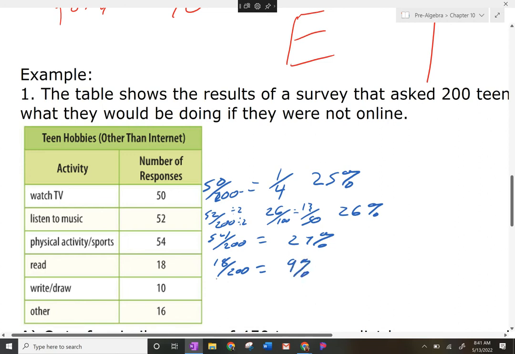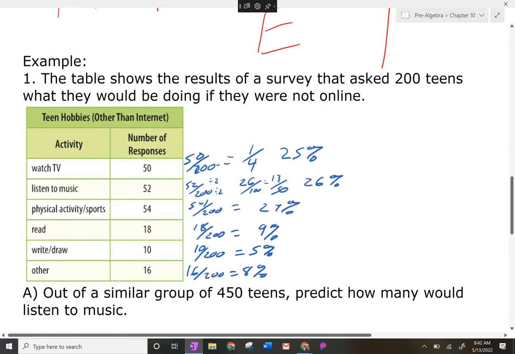Okay, next one, write or draw. Anybody? 10 over 200, which is 5%. And the last one, other. 16 over 200. Awesome. And what do I get for that percentage? 8%. Okay, so every single one of these is 25, 26, 27, 9, 5, and 8.